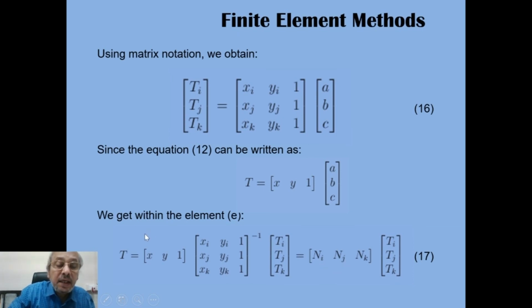So necessarily this part, which is the coefficient of the column matrix of Ti, Tj, Tk, will give us the shape functions or the basis functions for the element that are given by Ni, Nj, Nk.